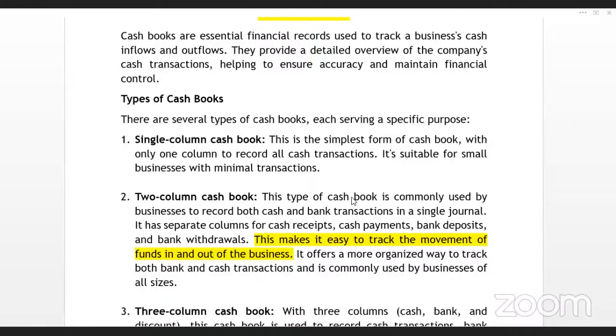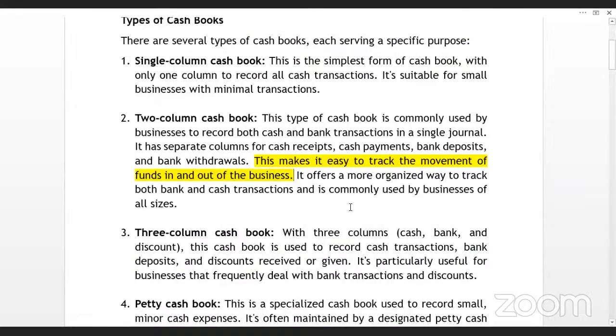Yes, when it comes to a three-column cash book, it has three columns that record amounts on either side of the cash book, that is debit and credit. So it has the cash column, the bank column, as well as the discount column. That is a three-column cash book. Thank you, Amos.